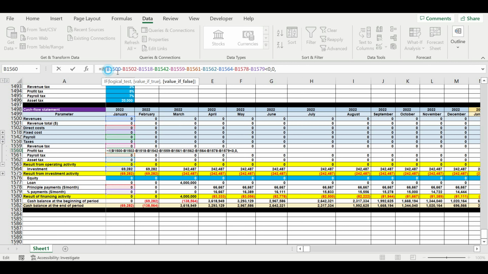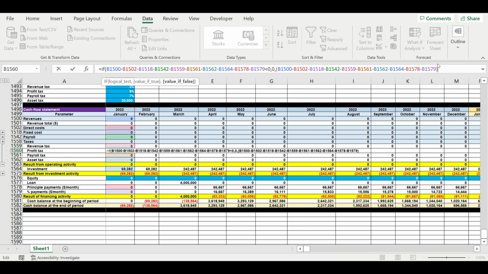Otherwise we will take all this story if the tax base is positive, more than 0.